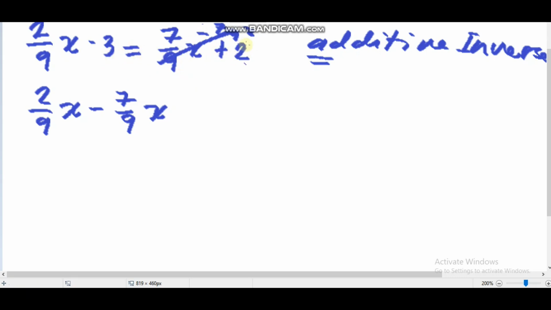Whatever you do on the left-hand side, you also do on the right-hand side. So you subtract 7 over 9x here, and you subtract 7 over 9x there too. So, minus 7 over 9x. Okay, so that is the reason why.